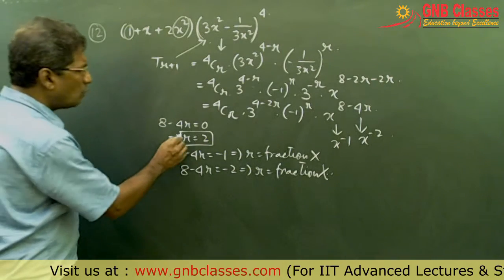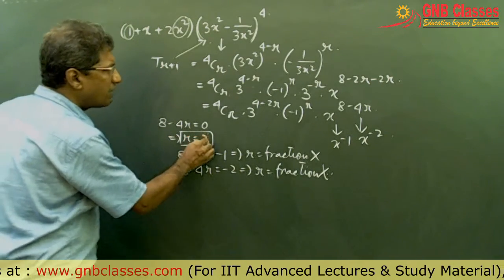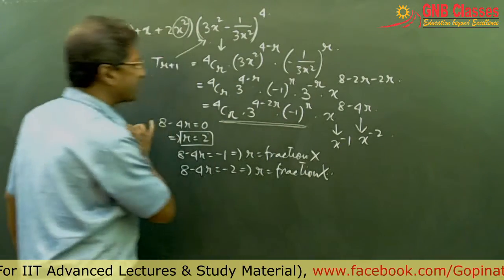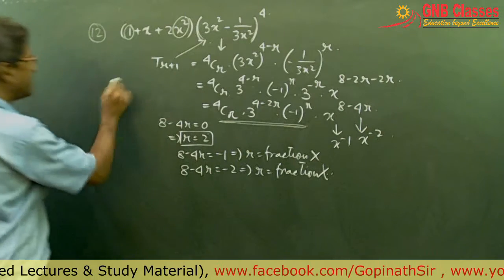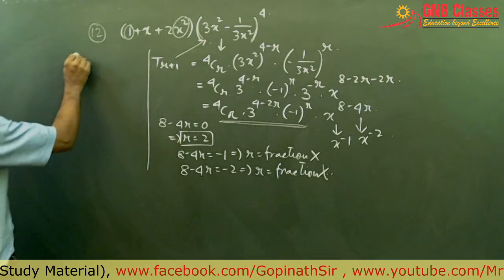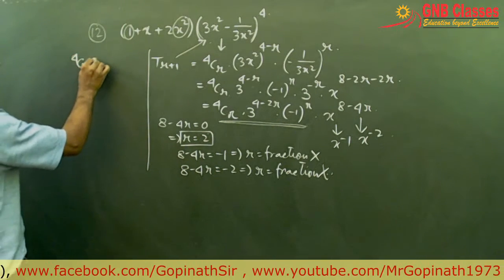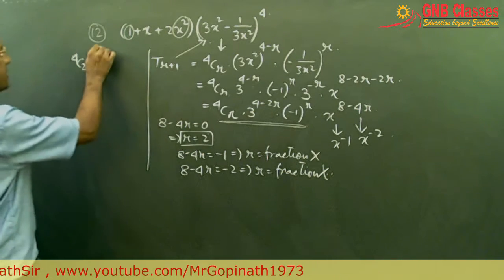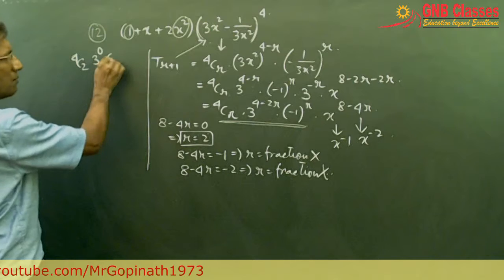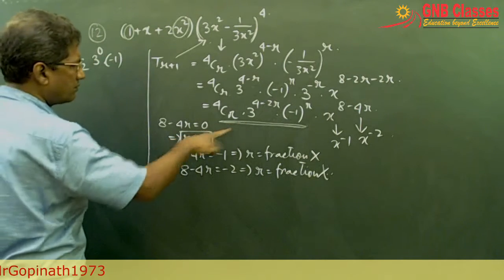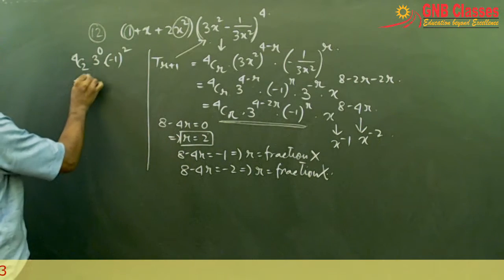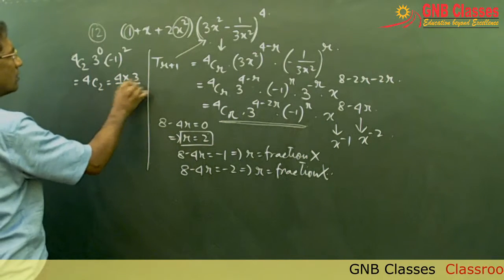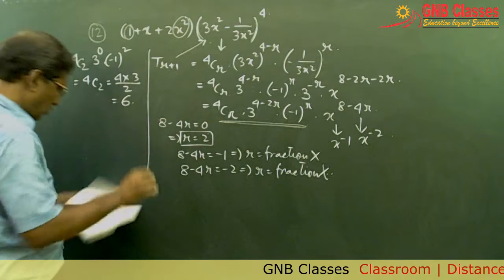Now, we got r as 2. If r is 2, then what is the value of this coefficient? We are getting 4C2, 3 to the power 0, minus 1 to the power 2. So it's coming to 4C2, which is nothing but 6.